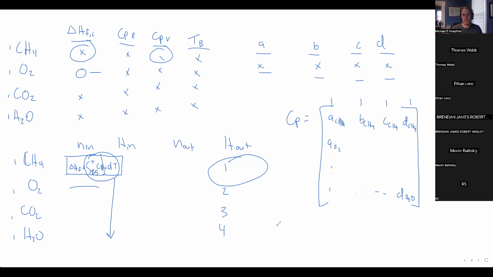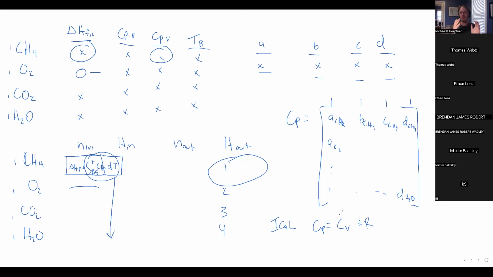In the ideal gas law, you have C sub P equal to C sub V plus R. This is only for an ideal gas. And for any real fluid, there's a complicated multivariable calculus expression for how the enthalpy actually changes with pressure.